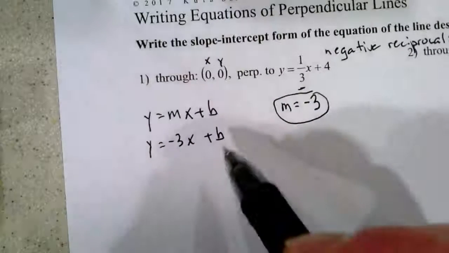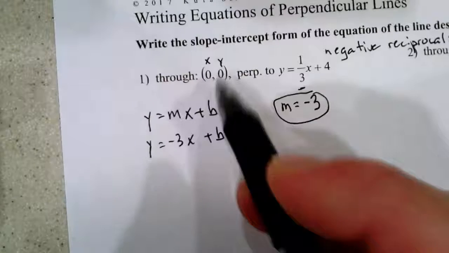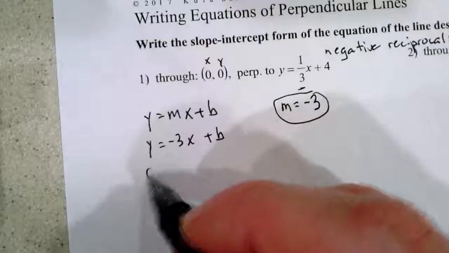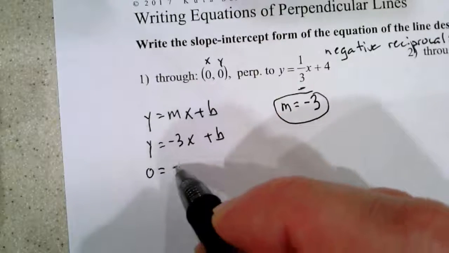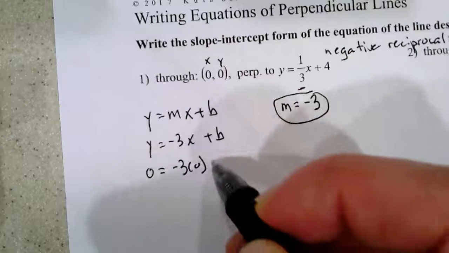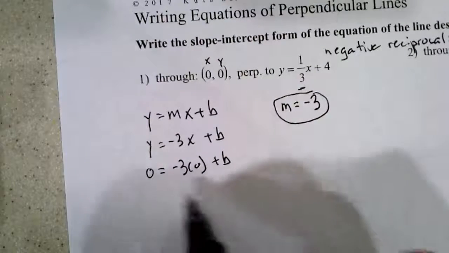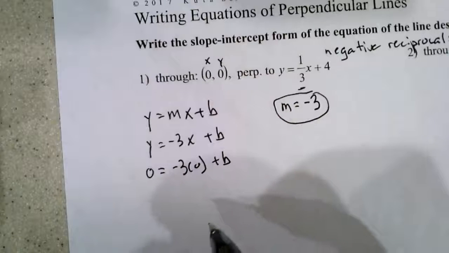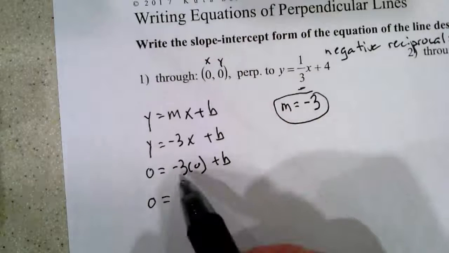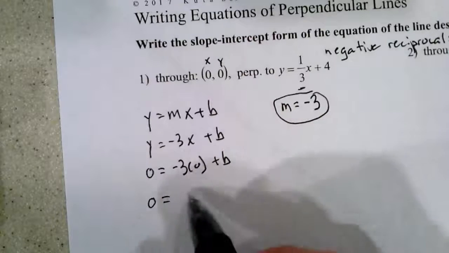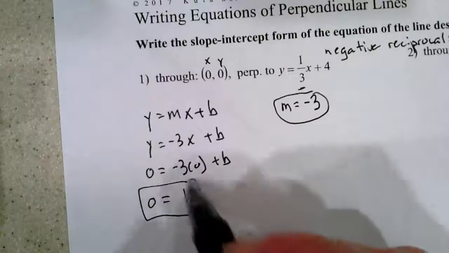-3x plus b. And then we know what x and y are for at least one point, so we stick them in there. y is 0 equals -3 times 0 plus b. And then we end up with 0 equals, well, -3 times 0 is 0, so we leave it off, equals b.